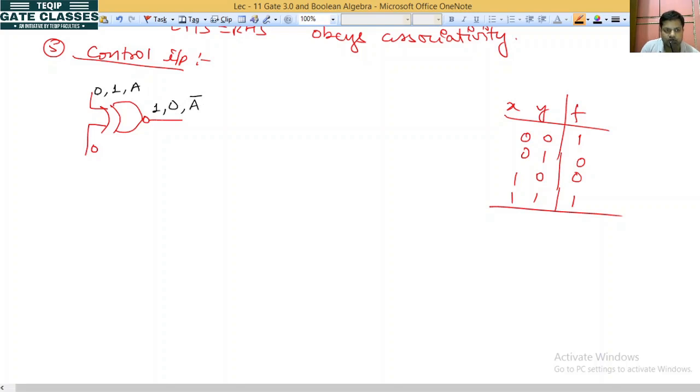Okay na? Because when we give 0 here, we get 1. When we give 1 here, we get 0. So when we give A, we will get A bar. Okay na? So this input is called enable input. And how does it work? It works as inverter. So at 0, it works as inverter, with XNOR gate.